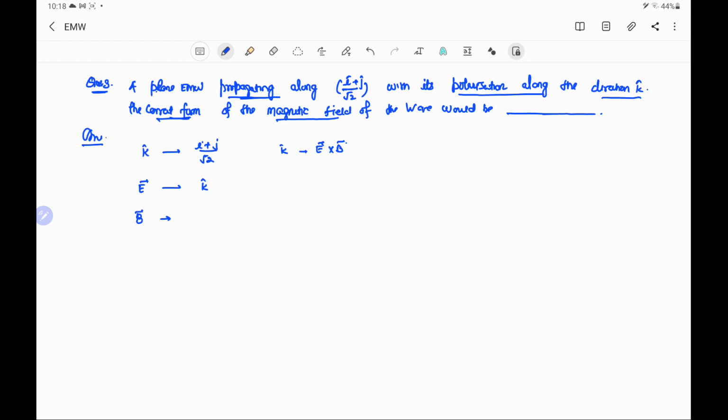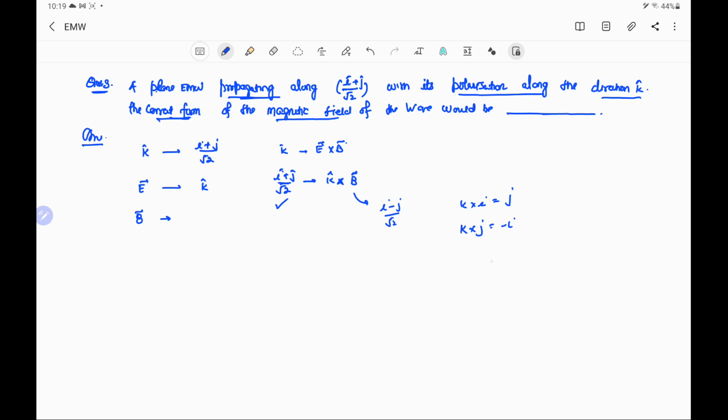Now we have to find the direction of B to write the correct form of the magnetic field. So this direction of propagation is along (i plus j) by root 2. It is a unit vector and it is the cross product of k with B. So we have to choose B in such a way that its cross product gives (i plus j) by root 2. If we check, we will have this B is (i minus j) by root 2 because k cross i will give j and k cross j will give minus i.